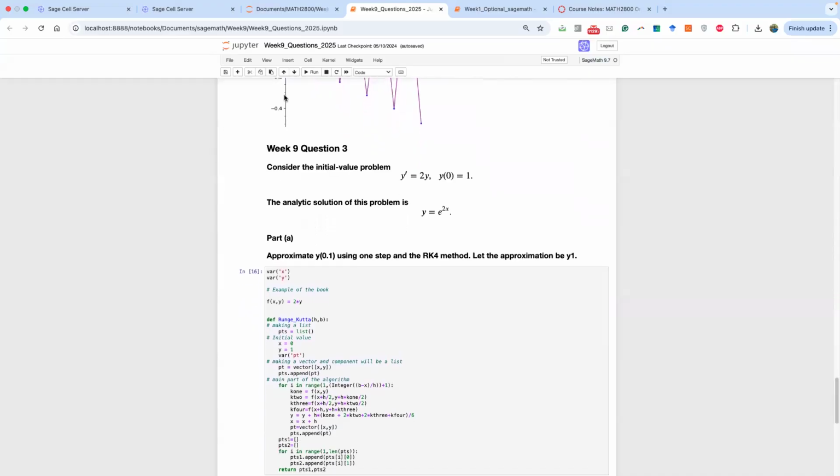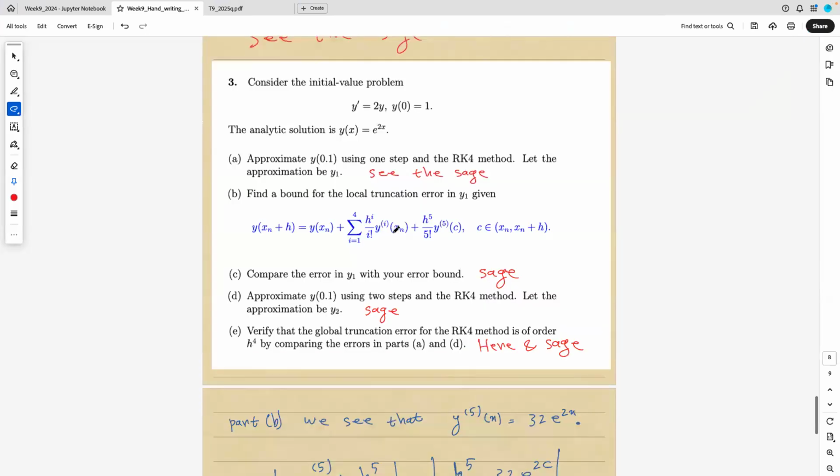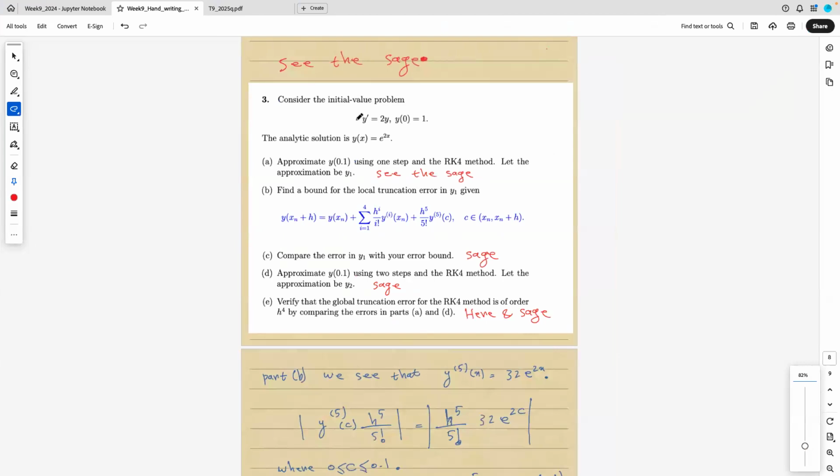Okay, question three. It says y prime equals lambda times y in this format, where lambda is just 2. So y prime equals 2y. It is easy to understand that the analytic solution is y equals exponential of 2x. It's asking to calculate y of 1/10.